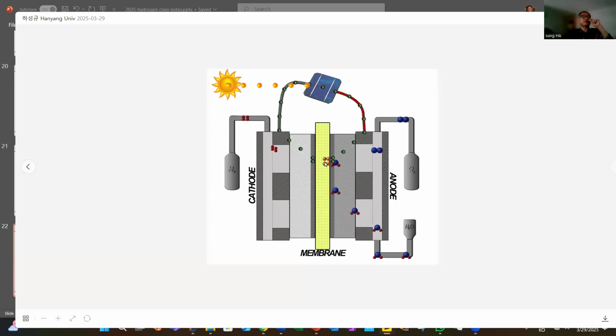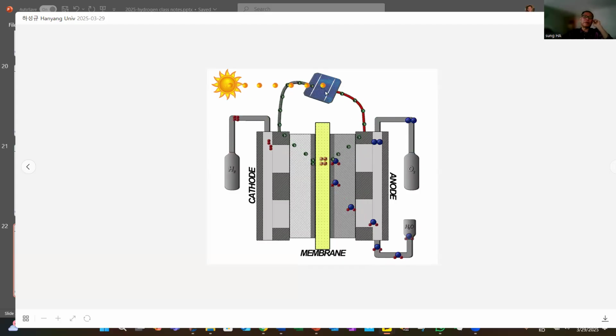This proton travels through this proton exchange membrane, goes in here, and now here we need electricity: the electron meets the proton, giving us the hydrogen. So the output hydrogen comes from the cathode side.